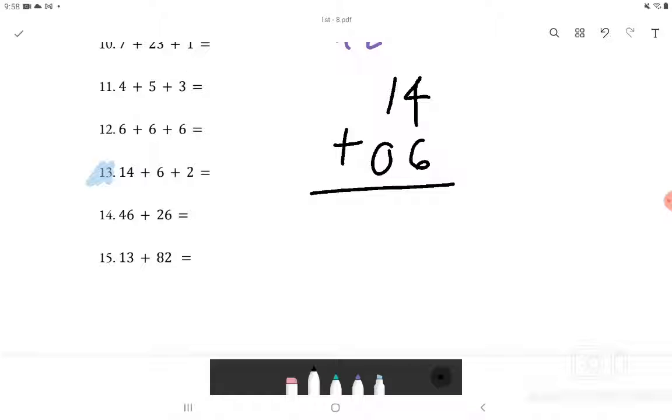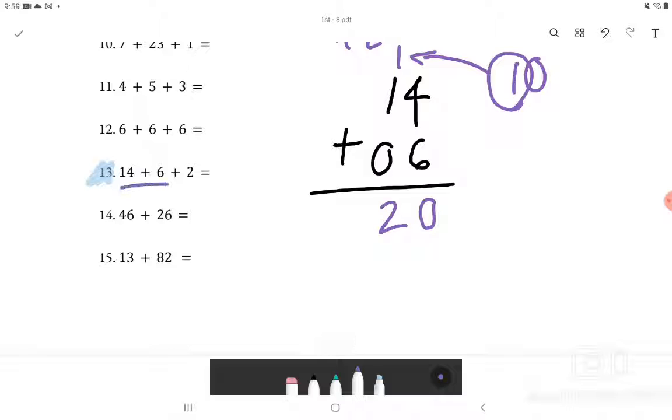So 4 plus 6 is equal to 10. So you'll write the 0 below and 1 on top, because in 10, 1 is a tens place, so the 1 has to go up here with other tens places. So 1 plus 1 plus 0 is just equal to 1 plus 1, which is 2.